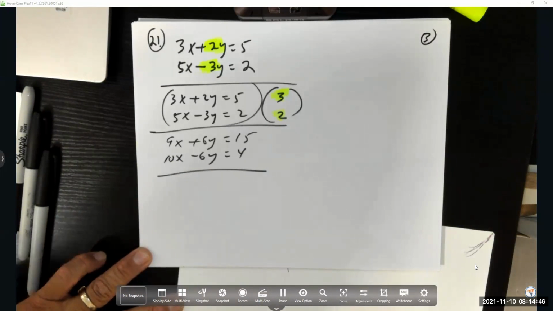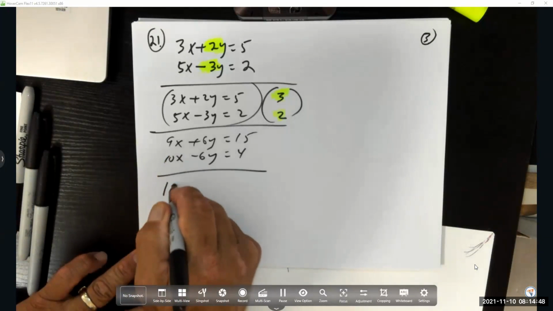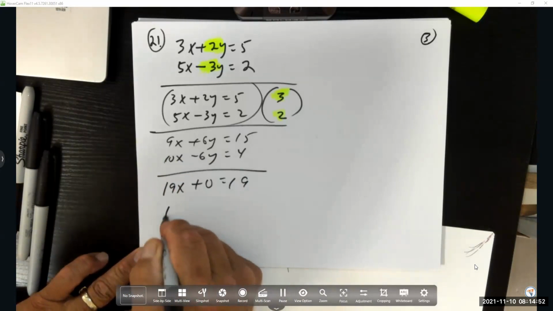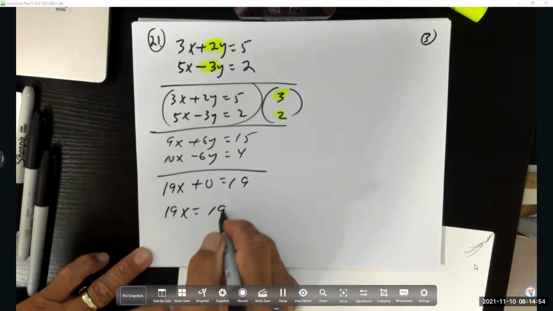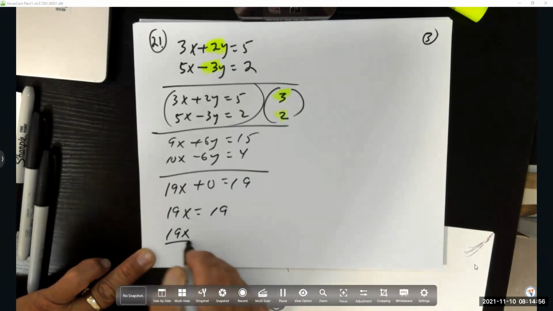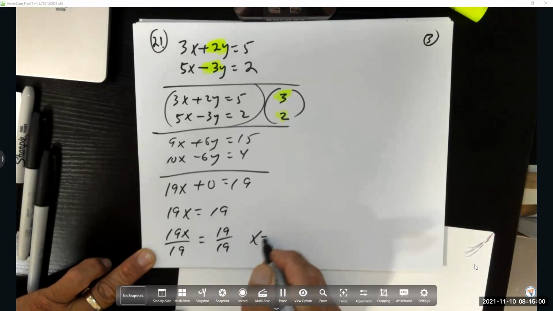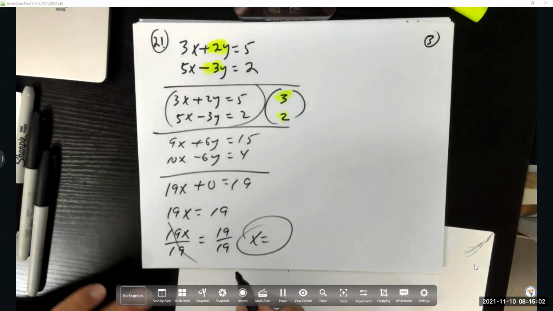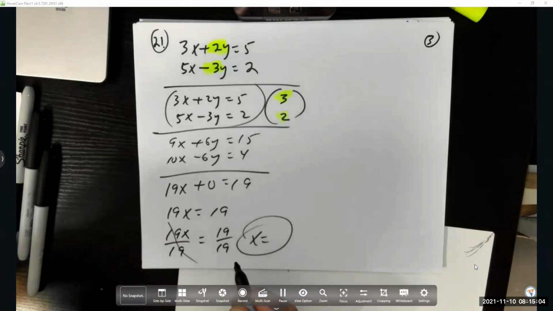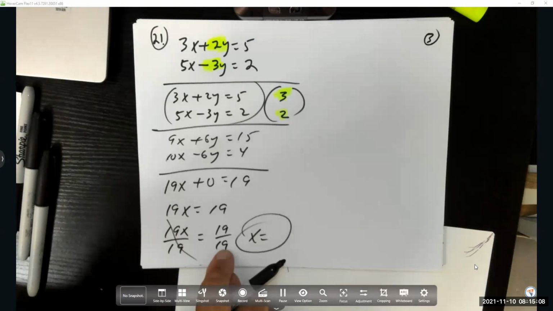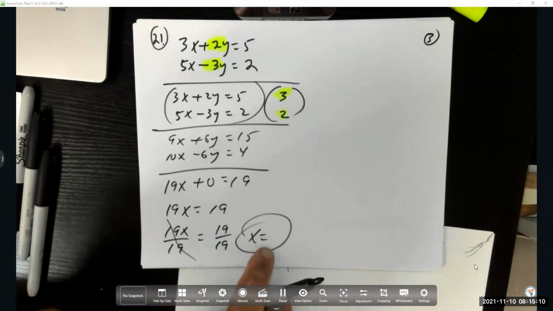Yes. So 9x plus 10x is 19x. This is 0 equals 19. So 19x equals 19. If I divide both sides by 19, what's going to happen? What do you get?